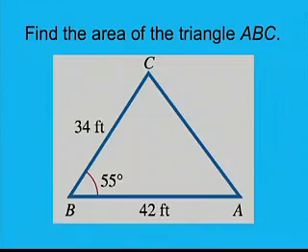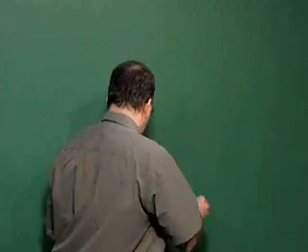Let's take a look at an example that will demonstrate the use of these formulas. Find the area of the triangle ABC given angle B is 55 degrees, side A is 34 feet, and that side C is 42 feet. So we have the necessary information, which is two sides and the angle between them. So we can find the area by using that formula.